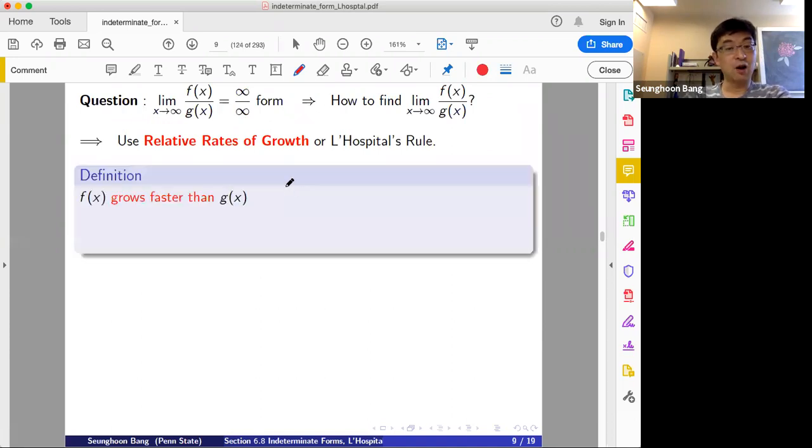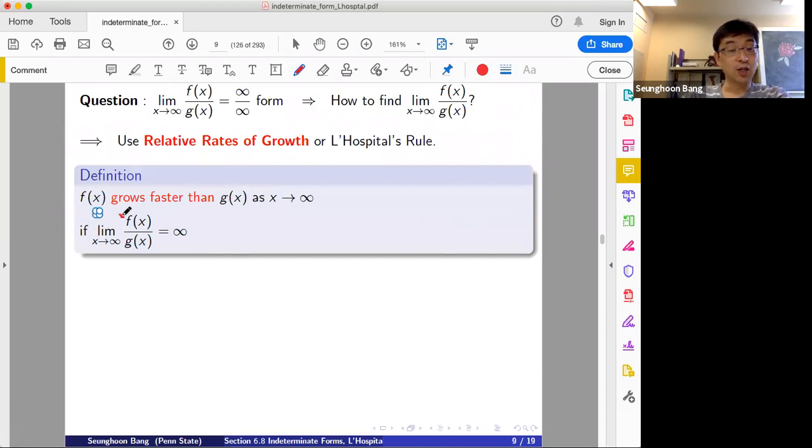The definition of grows faster than. The function f of x grows faster than g of x. So what's that? As x approaches infinity, the limit of f of x over g of x is infinity. What does it mean?